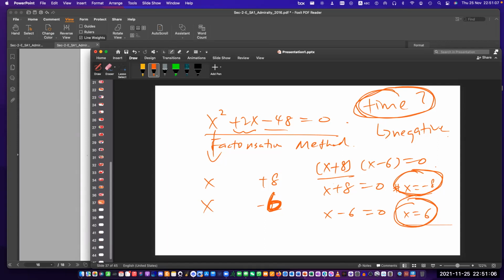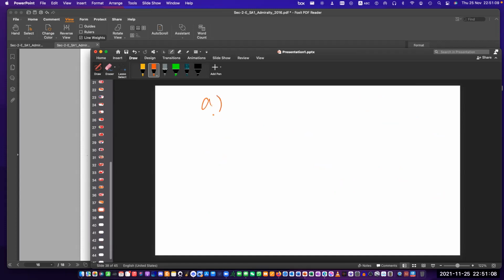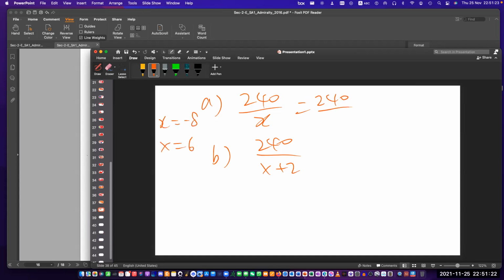Oh, I see. So in fact, your part A, if I'm not wrong, is 240 over X, and your part B is 240 over X plus 2. So you just sub in. If you sub in, I have two answers, right? X equals to -8 and X equals to 6. So let me sub in X equals to -8 first.